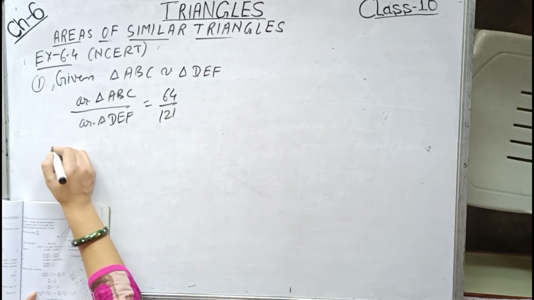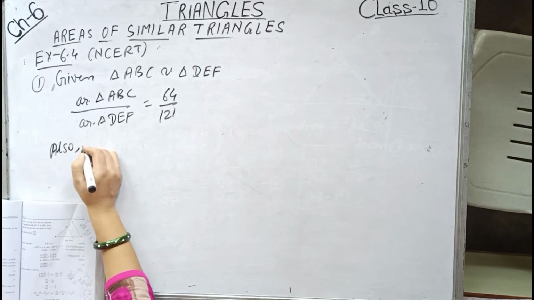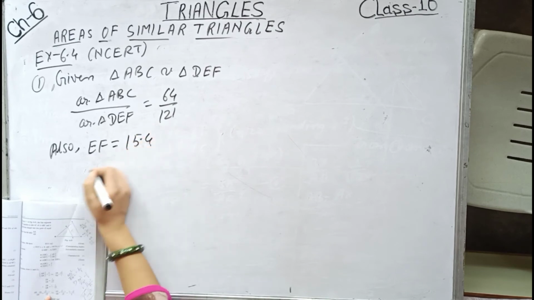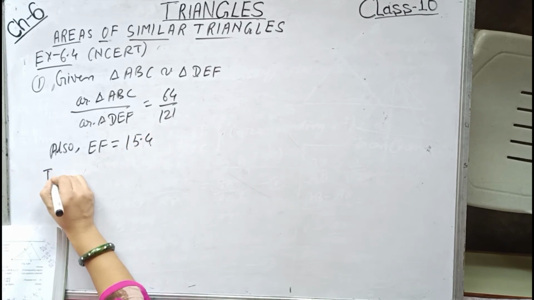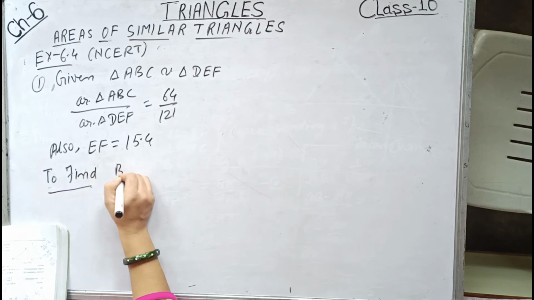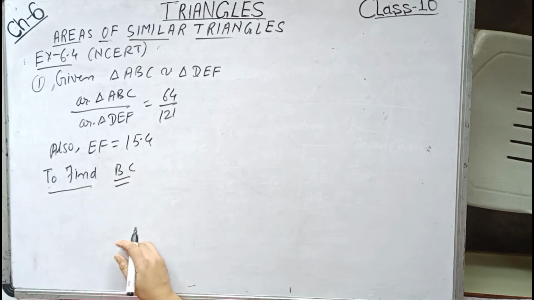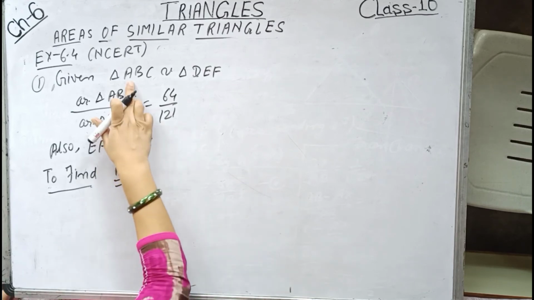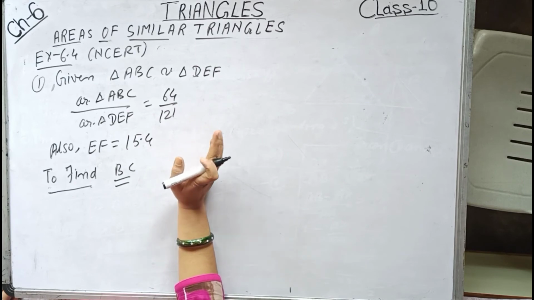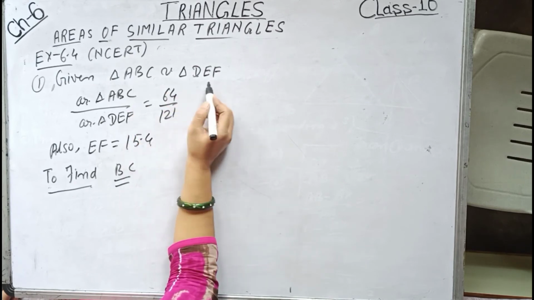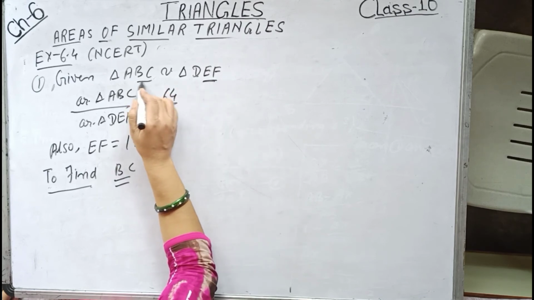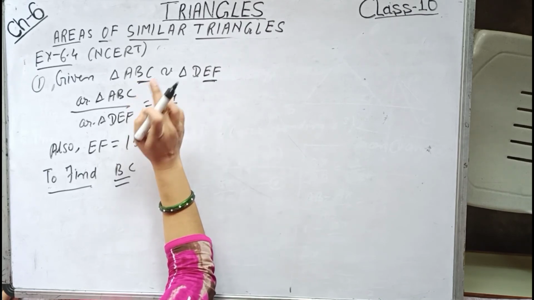Also, EF equals 15.4, and we have to find BC. Now obviously if these two triangles are similar, then the ratio of their areas equals the square of the ratio of their corresponding sides. So if we are taking EF as the side of one triangle, then the corresponding side of the other triangle will obviously be BC.